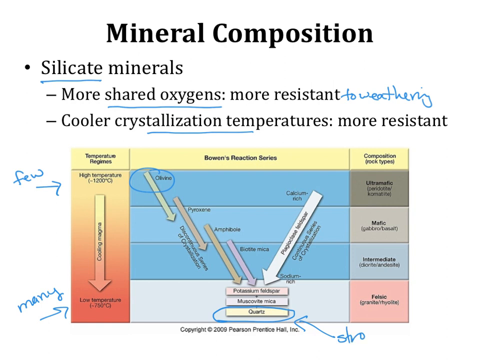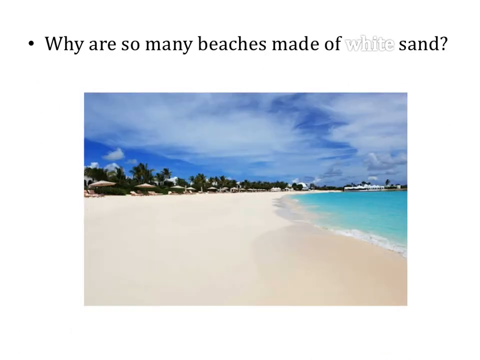Very strong mineral. Lots of shared oxygens. And none of the chemical reactions that we talked about have any effect on quartz. So that should answer the question of why so many beaches are made of white sand. These are quartz sand beaches.